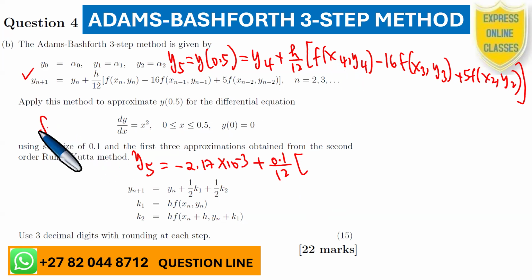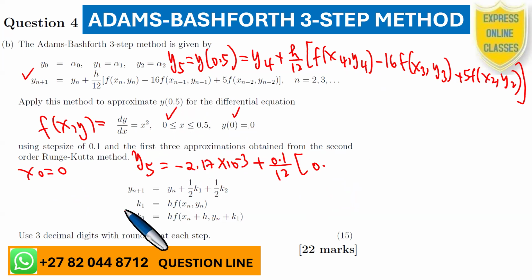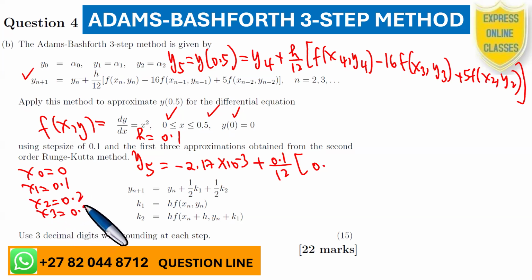This f, because f of x, y is equal to this, so you raise it to the square. So it's going to be 0.4, x4, because we know that x0 is 0. According to this, we start from 0, but we're going to go up to 0.5. So x1, we add h, which is 0.1, which is 0.2, is 0.3, is 0.4, is 0.5.